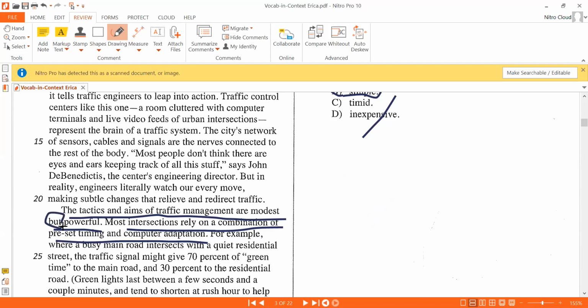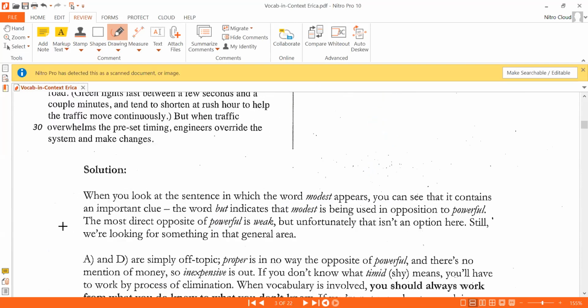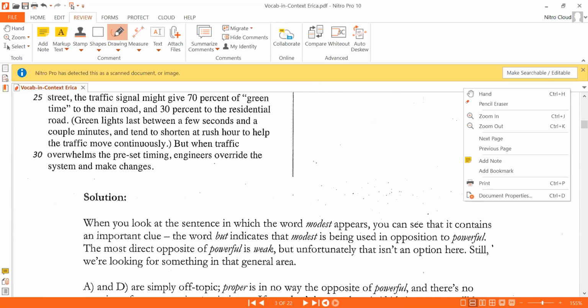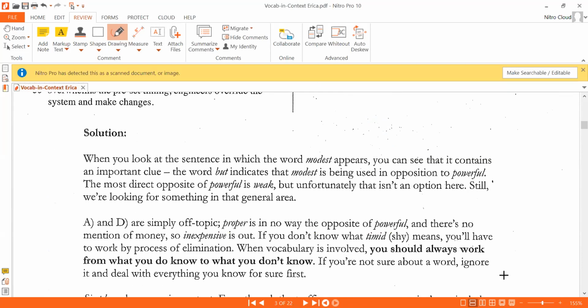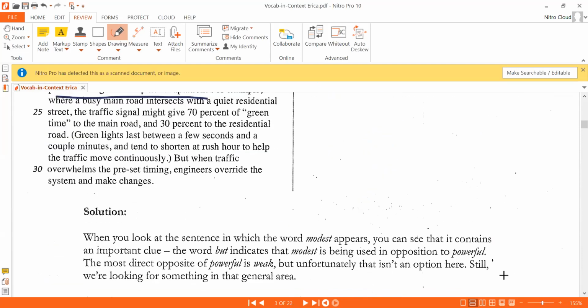The word but here gives me a little bit of a contrast. So I know powerful is positive, and if I put proper but powerful, both are positive. The other one should be negative, right? And so you can decide that A and D, the two words proper and inexpensive, are off topic.